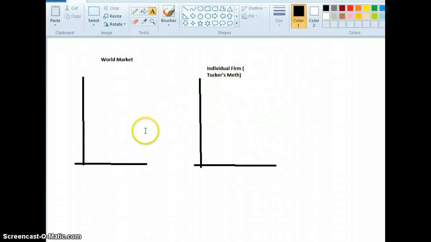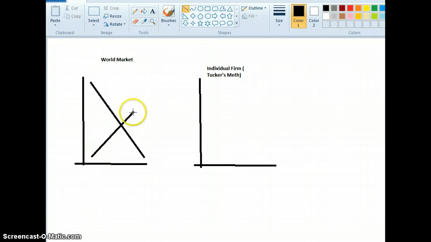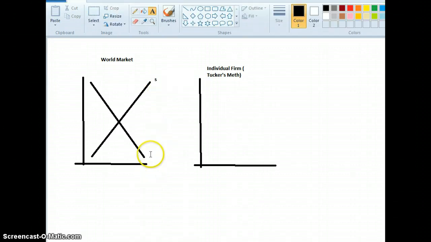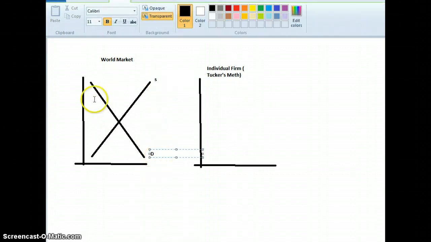Alright, and now we'll have to put the supply and demand curve. Label these as well as label the graphs.